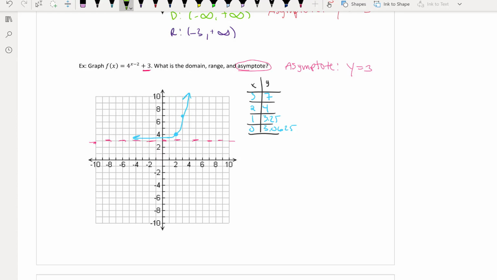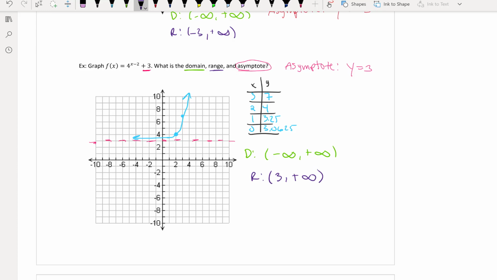When it's asking for the domain, I know that my domain still goes from -infinity to +infinity. If I'm thinking about the range, those are my y values. So my y value starts at 3 and goes off to +infinity. And we already talked about the asymptote as well.